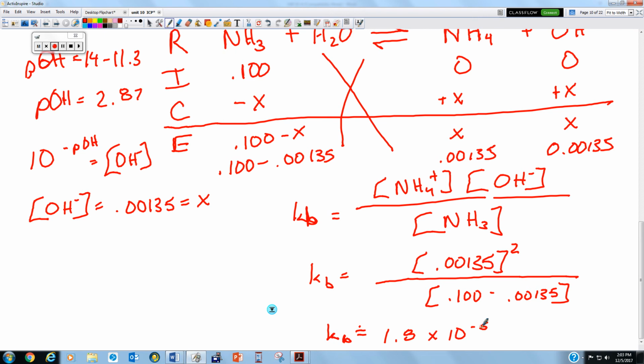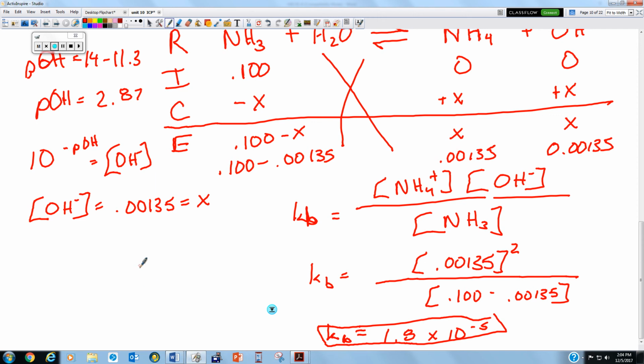All right, I'll have to look up what table it is, but if you look up the Kb of NH3 in the table, you're always going to find that number. You'll get real used to seeing that number as 1.8 times 10 to the negative 5. After we're done with this unit, you'll know that one almost memorized.